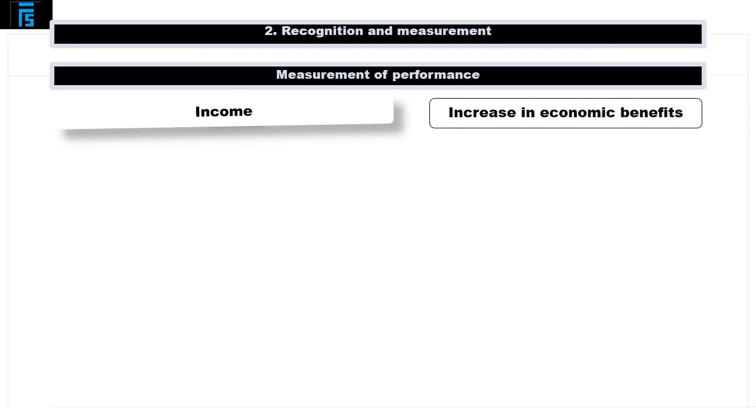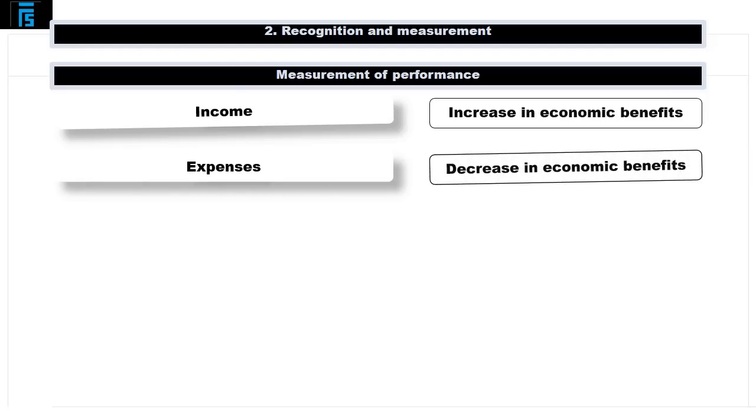Income is defined as increases in economic benefits during the accounting period in the form of inflows or enhancements of assets or decreases in liabilities that result in increases in equity other than those relating to contributions from equity participants.